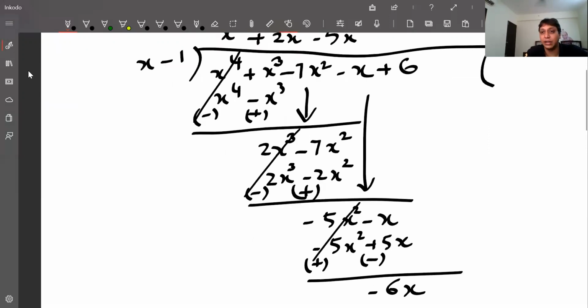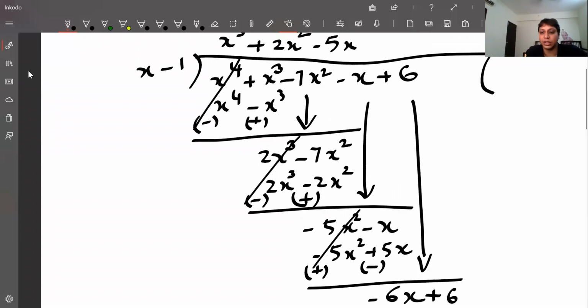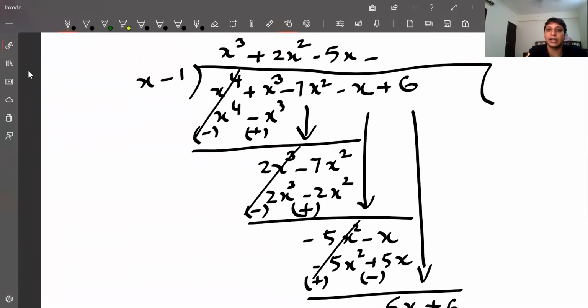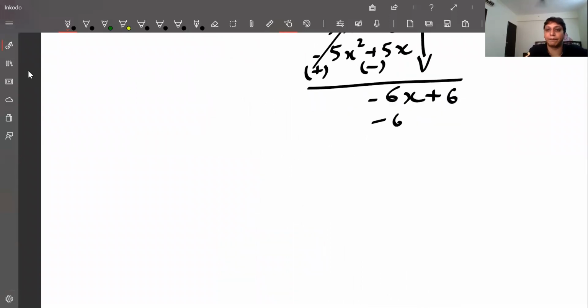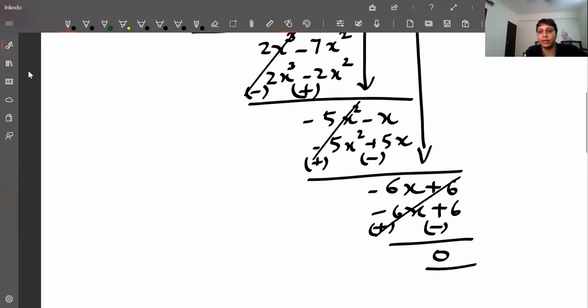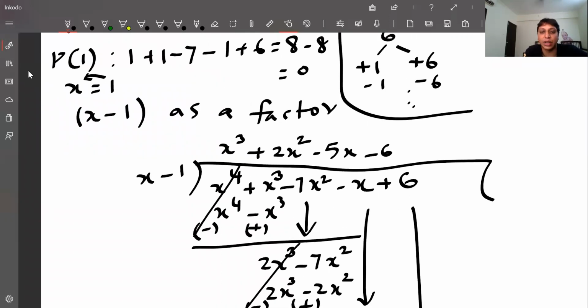Now we need to bring plus 6 down. So when you bring plus 6 down, you're getting minus 6x plus 6. So I need to multiply with minus 6. So we got the remainder 0. We need to take care that the remainder has to come as 0.